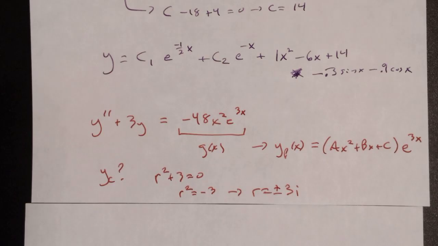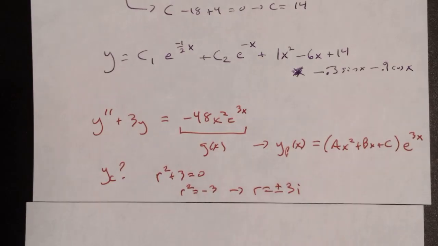Fiddlesticks. That's okay. I'll live with that. Because what happens when I do complex numbers? We use Euler's formula. And we get our complex form with the cosines and the sines.